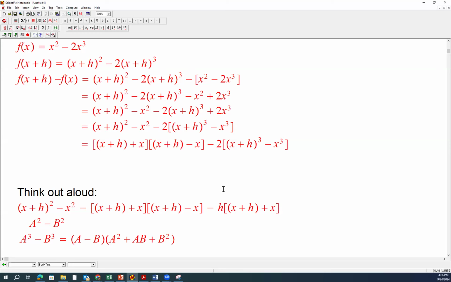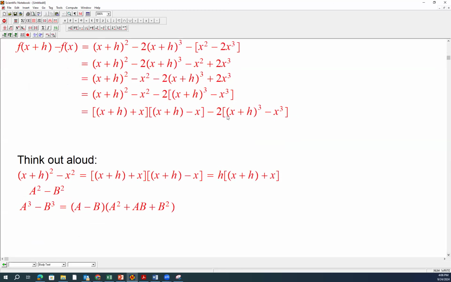Okay, so in our case, this bracket, which is viewed as a cubed minus b cubed, I can remove the bracket equals to, I will apply this formula.